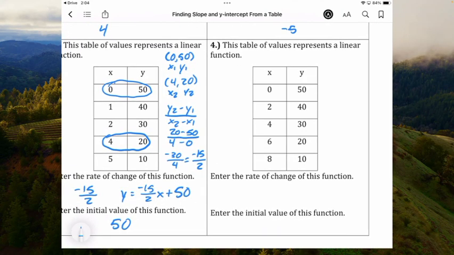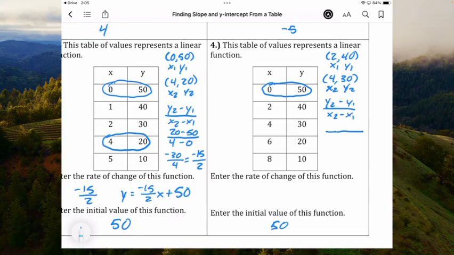Next, we see our initial value is 50 because 50 is what's paired with 0. This time I will choose 2 and 40, and 4 and 30. y2 minus y1 over x2 minus x1.